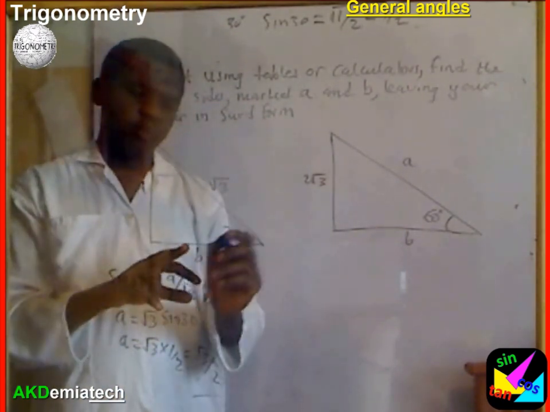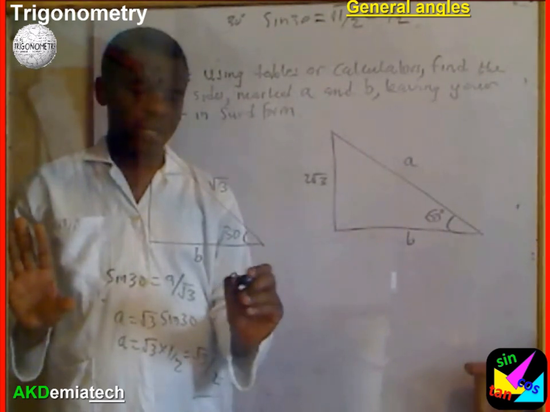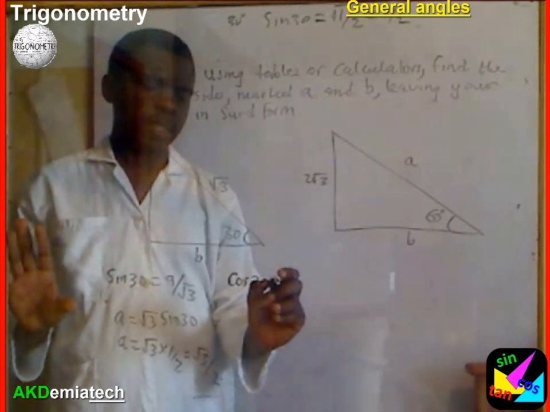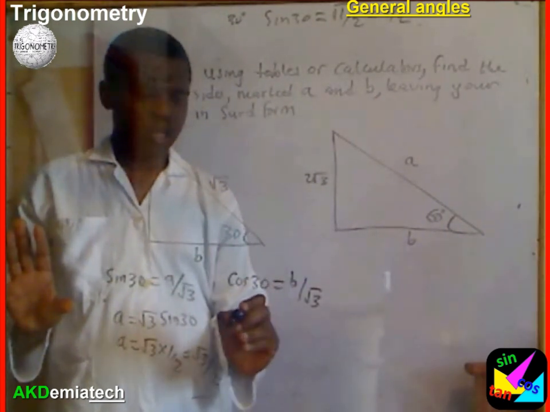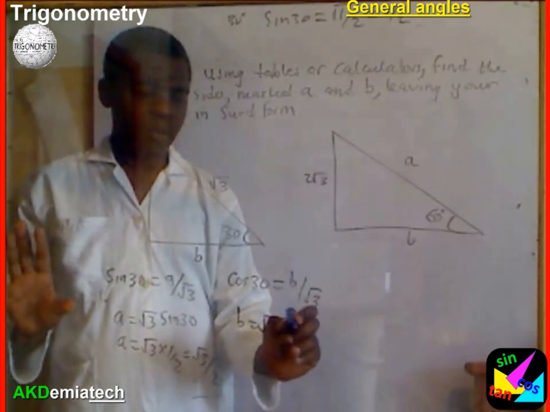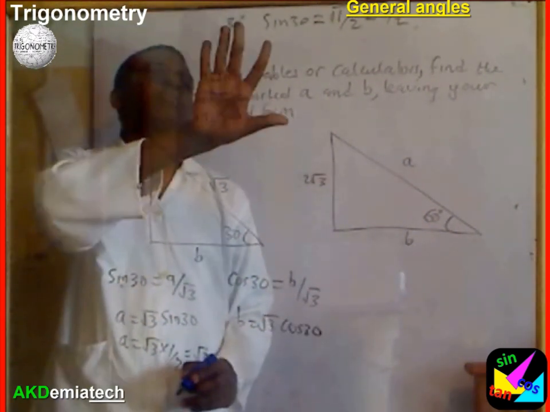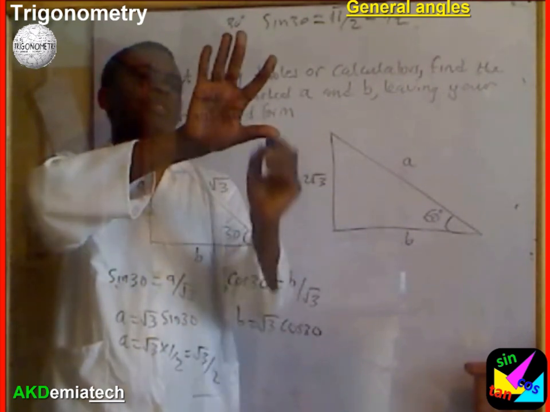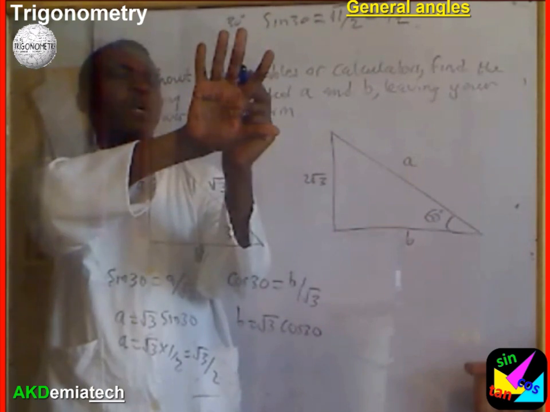Now what is B? I find that my B there is adjacent to this angle, so I'll say cos 30 is equal to B all over root 3. B is equal to root 3 cos 30. What is cos 30? I go over my fingers again. This is 0, 30 here. Count the number of fingers this way: 1, 2, 3.